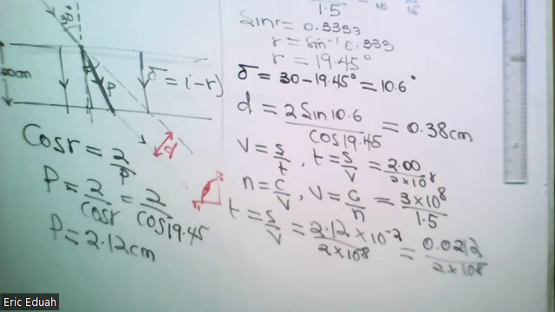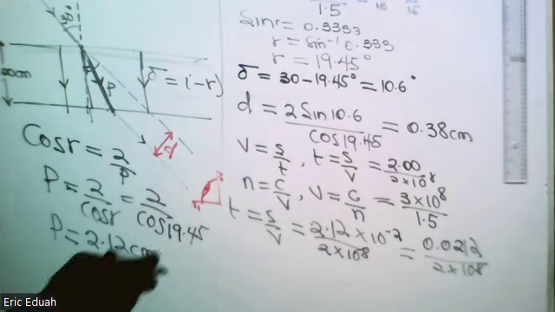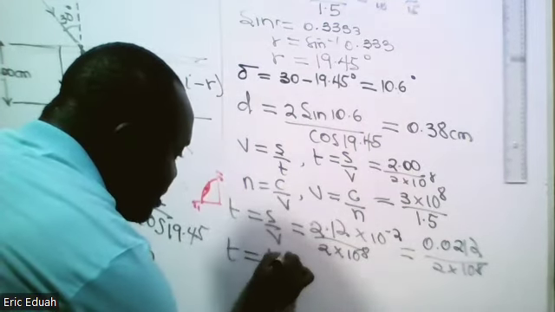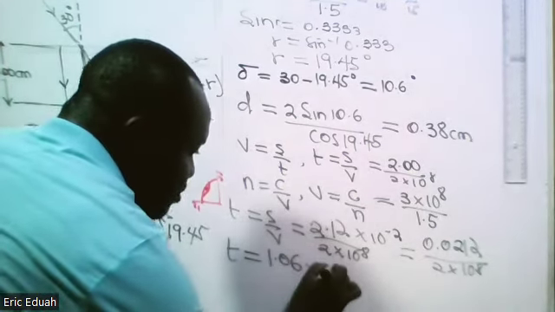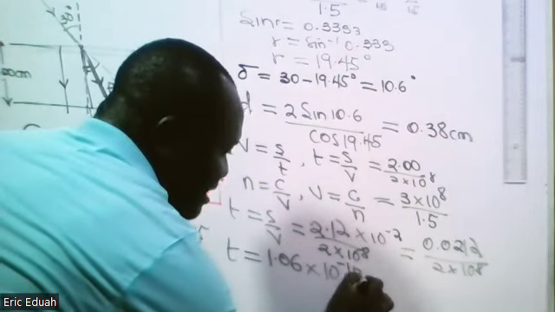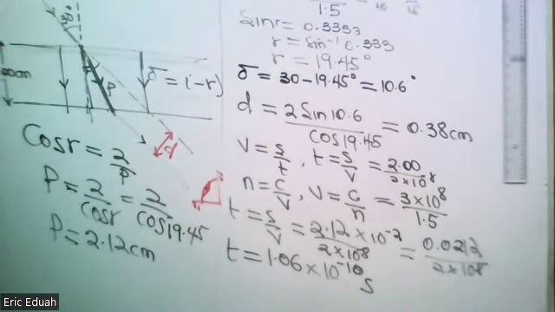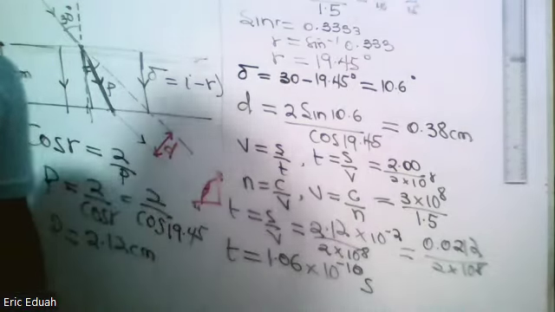I think that would be ideal. 2.12 divided by 2, which is 1.06. This is 1.06 times 10 to the power negative 10 seconds will be the time taken by the light to travel through the glass prism.